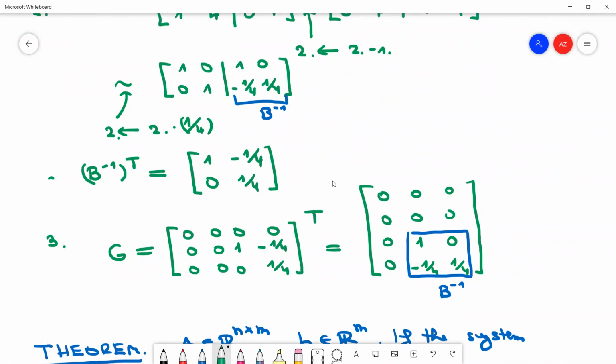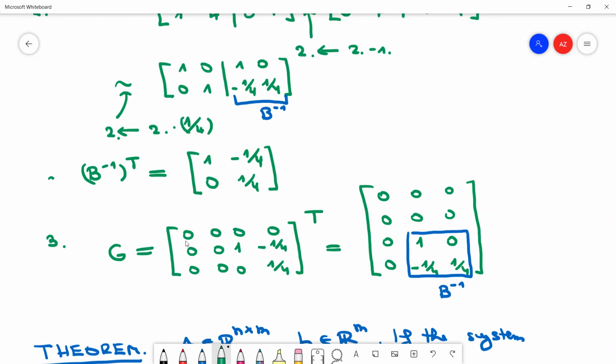And it is of rank 2 because if you multiply matrices, then the rank cannot increase. The rank of A times G is at most the minimum between the ranks of A and G. And rank of A is 2, rank of G is 2. So also rank of AG is 2.